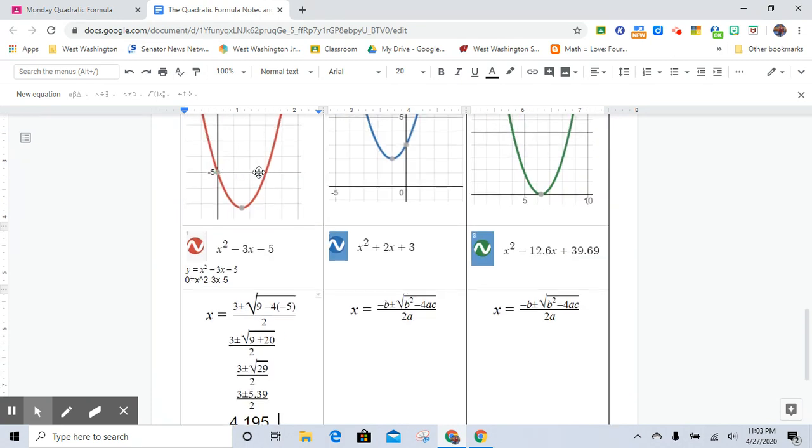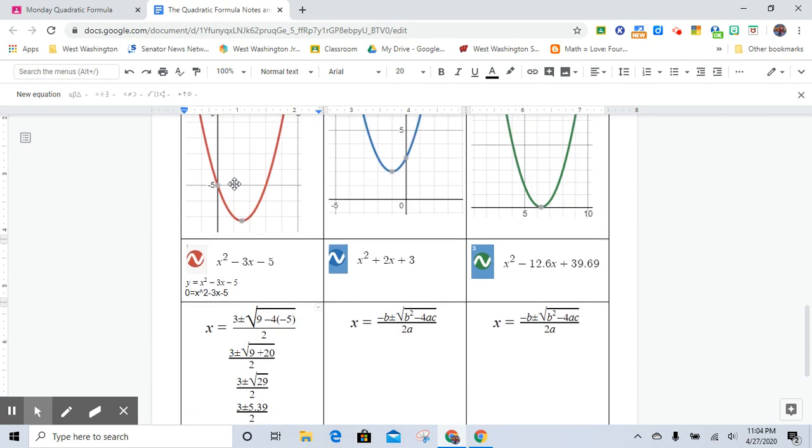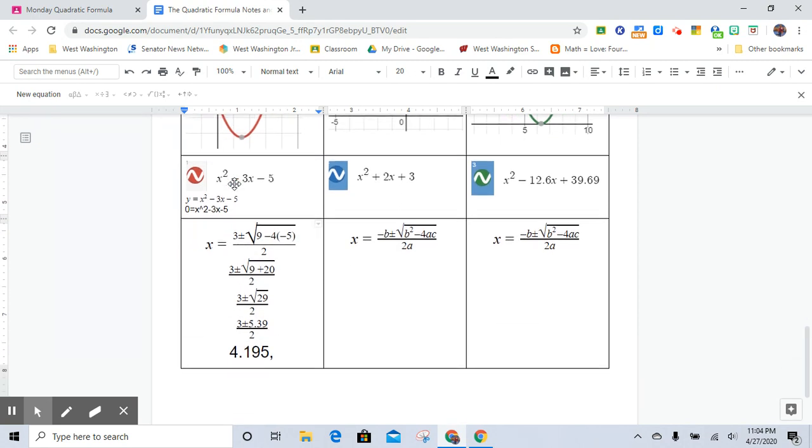There is another point at which this crosses, and I can't zoom in on this because it's just a screenshot, but it's going to be fairly close to 0. So let's see. 3 minus 5.39, divided by 2, is negative 0.195.